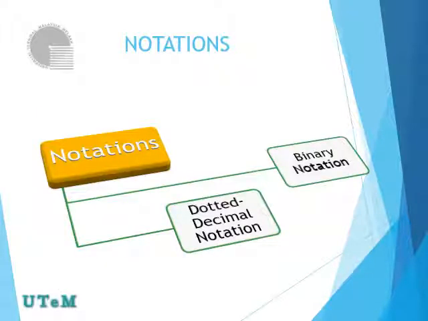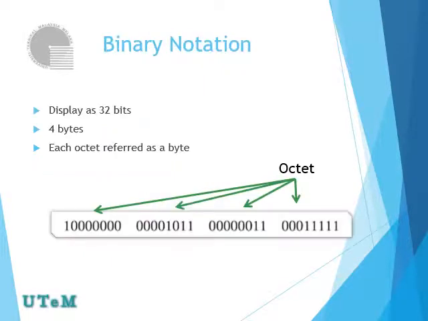Okay, and that is a brief introduction about IP version 4. Now I'm going to explain about the notation. The IP address version 4 can be written in two representations. One is binary notation, the second one is dotted decimal notation. First of all, let us have a look at binary notation.